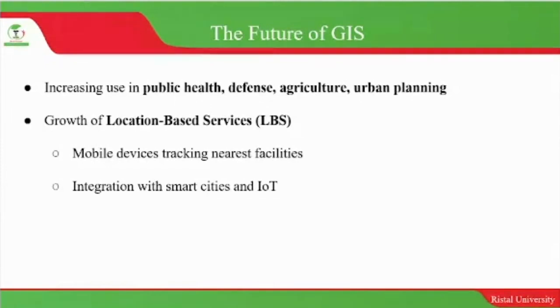But also we are having the growth of location-based services. We are having mobile devices tracking nearest facilities. We're having integration with smart cities. So what we are seeing is an upgrade of GIS, and the trend is not going down. Therefore, casually, what does this mean?